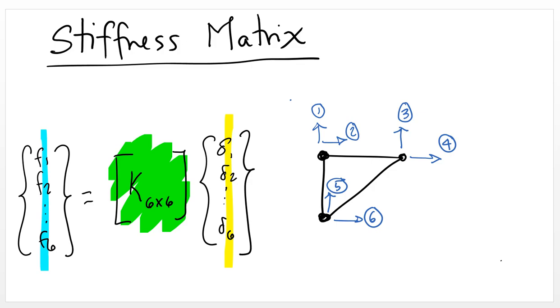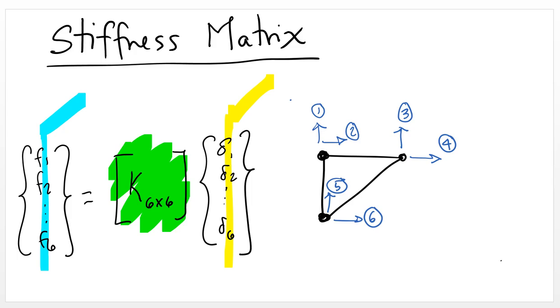The meaning of that vector is those are the forces that you need to apply at all 6 degrees of freedom in order to make those 6 displacements come about. So if you want to generate those 6 displacements simultaneously, these 6 forces are the ones that you need to apply. And how to get those forces is by multiplying the stiffness matrix of that system by the displacements.